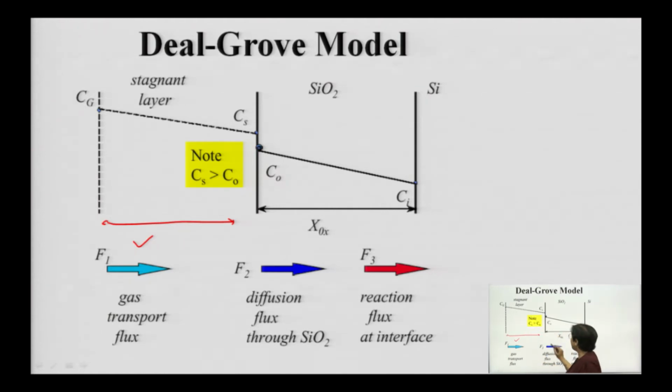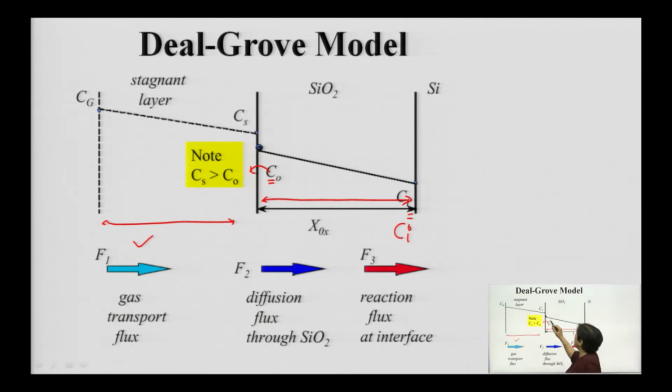Now, another flux I define is the process of penetration of oxidizing species into the substrate. Here I define this as the outer surface of the oxide, and this is the inner surface of the oxide, which I define by Ci.